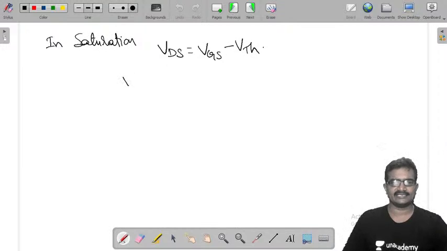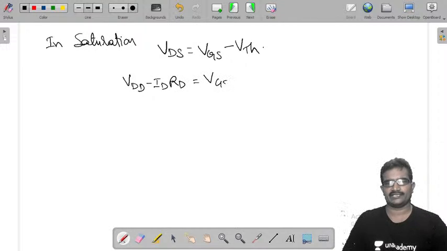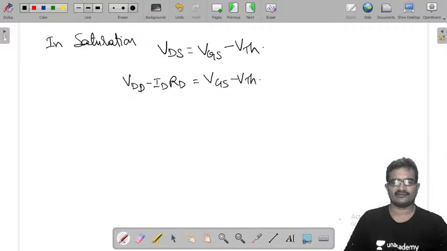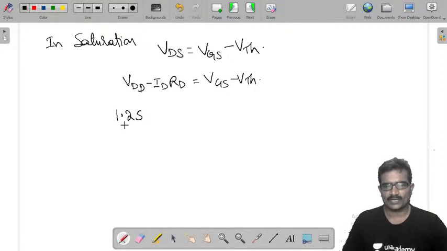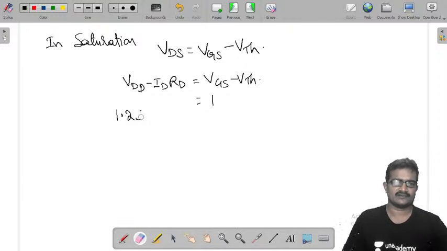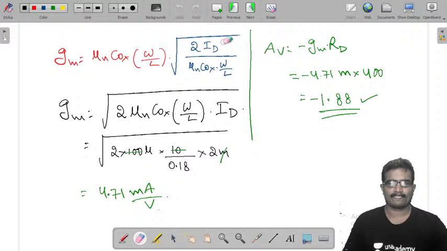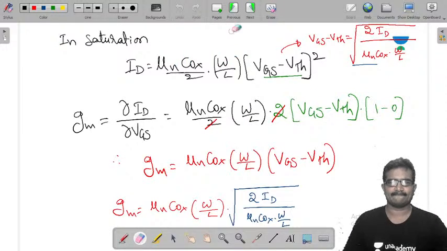So VDS is VDD minus ID into RD, which is compared with VGS minus VTH. VGS we already calculated.